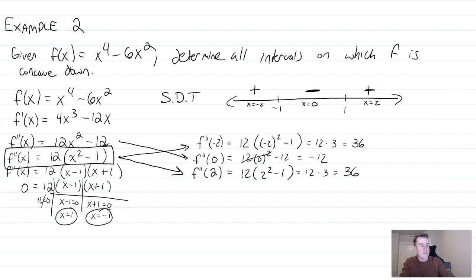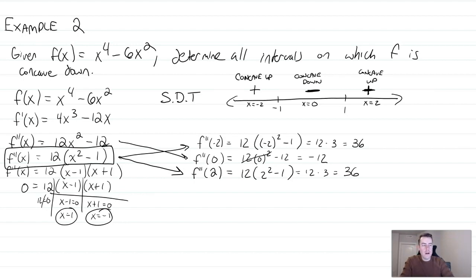So that's a positive value. What you want to remember is that when you do the second derivative test, where the second derivative is positive, that tells us where the function is concave up. Where it's negative, that tells us where the function f is concave down. And over here, obviously, this would be concave up.